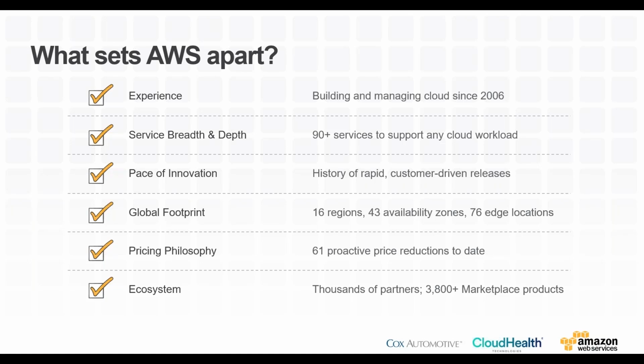ISVs provide software solutions that are either hosted on or integrated with the AWS Cloud. SIs design, build, or manage solutions for the AWS Cloud. We also have the AWS Marketplace, which is a managed and curated software catalog with an e-commerce storefront that helps customers innovate faster and reduce costs, making it easy to discover, evaluate, procure, and immediately deploy third-party software solutions like CloudHealth inside of their AWS accounts.